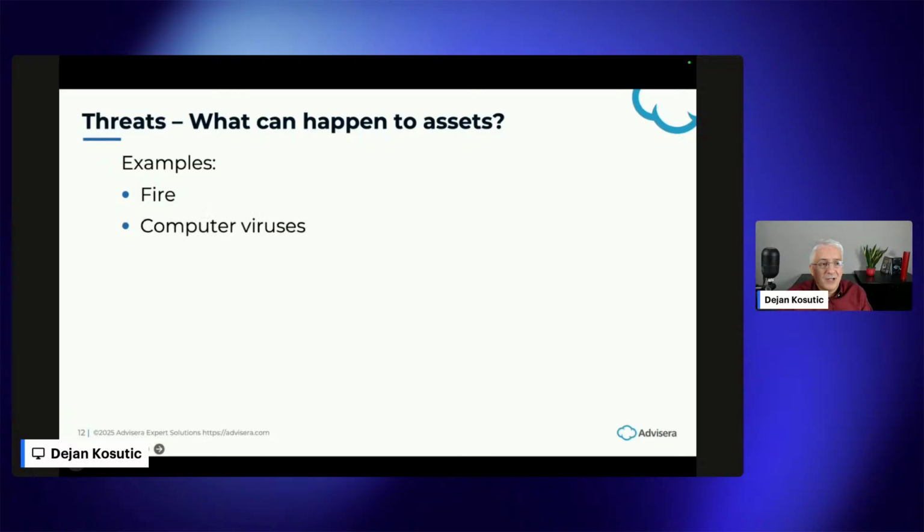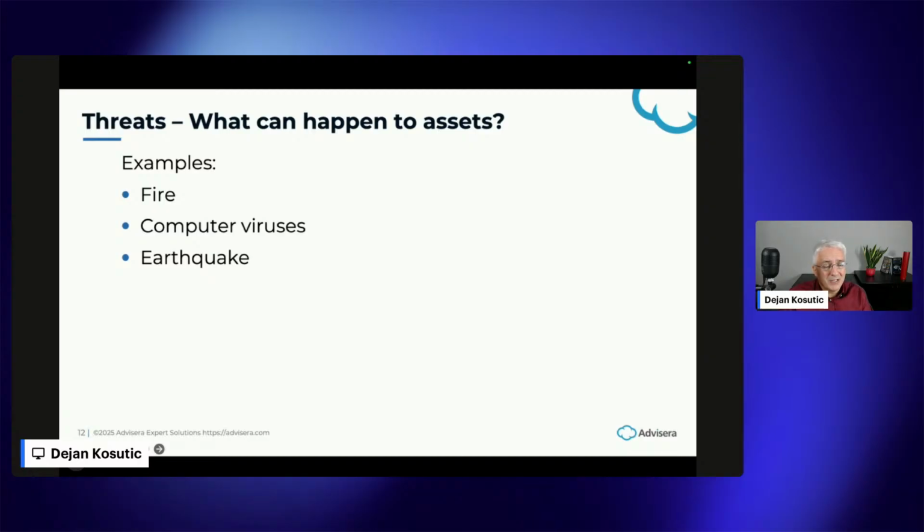Computer viruses are obviously related to your software and your databases. Again, if you don't have antivirus software, then a virus can take advantage of this vulnerability and damage your asset. Earthquake can be a threat related to your physical assets like offices, people, hardware, and a related vulnerability could be lack of business continuity plans.